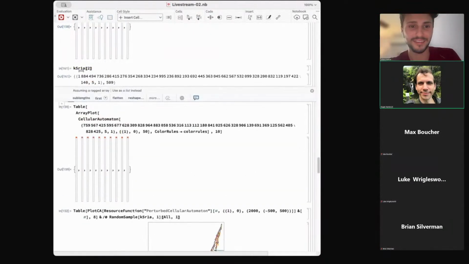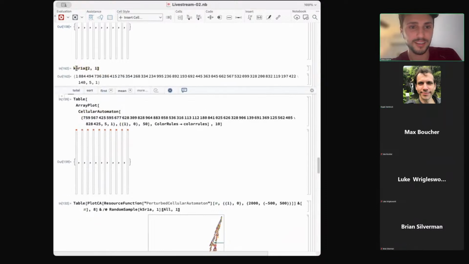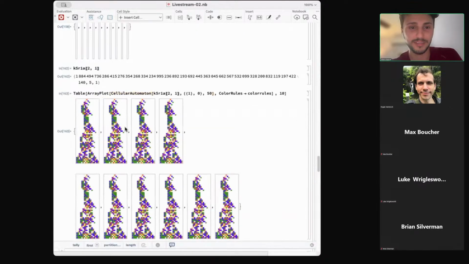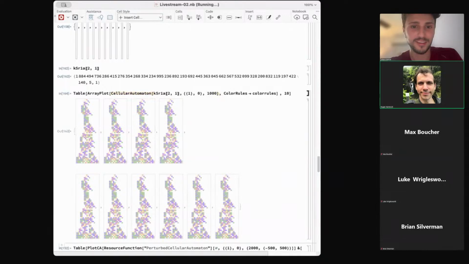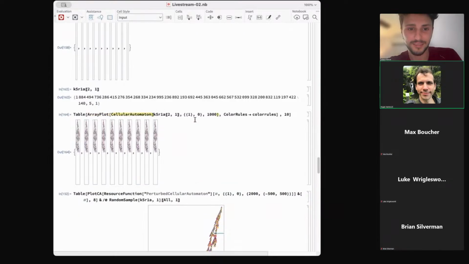Because you're picking one at random, that bottom one, if you ran that again, you get something else. Okay, this one runs for like 500.